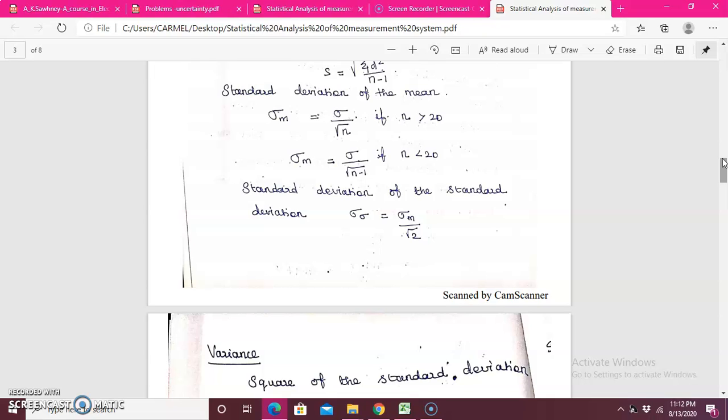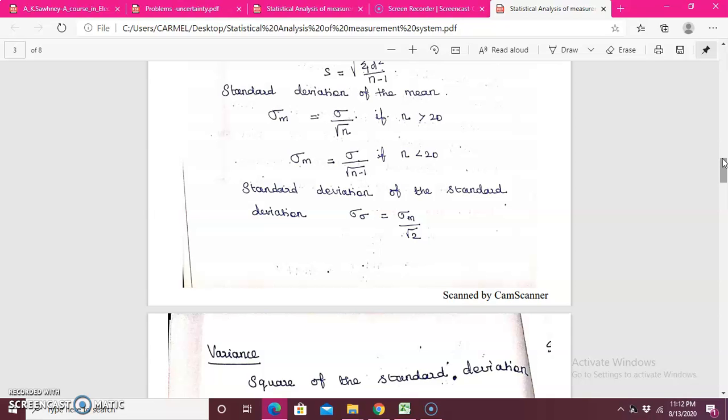So the standard deviation of standard deviation, sigma suffix sigma, is equal to sigma m divided by root 2. What is that sigma m? Here sigma m refers to the standard deviation of the mean. If you do not have the standard deviation of the mean, then you cannot calculate the standard deviation of the standard deviation. So I think it is clear what is standard deviation, what is standard deviation of mean, and then standard deviation of the standard deviation.